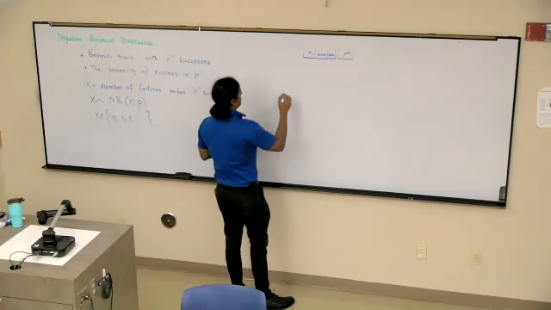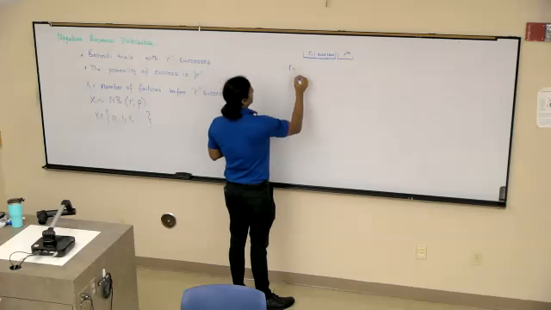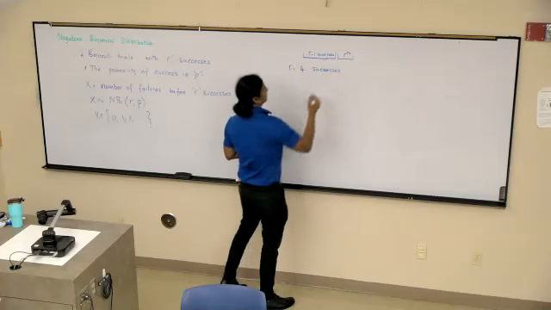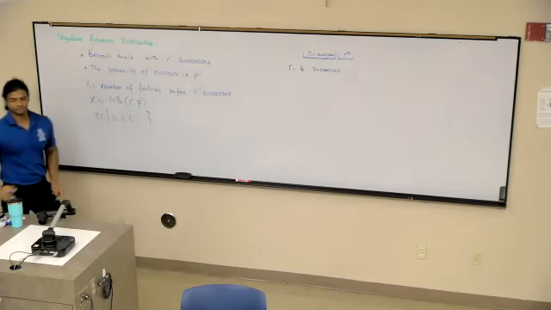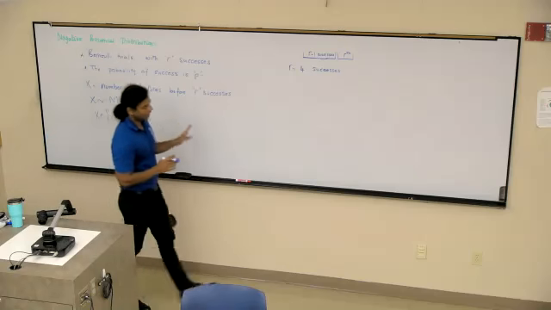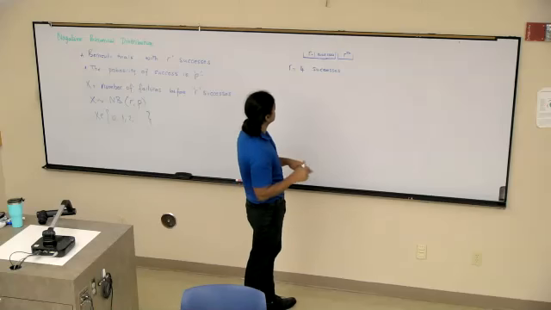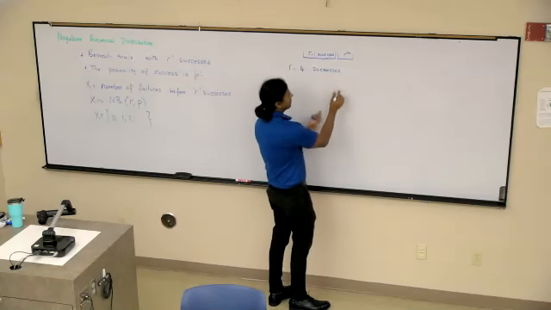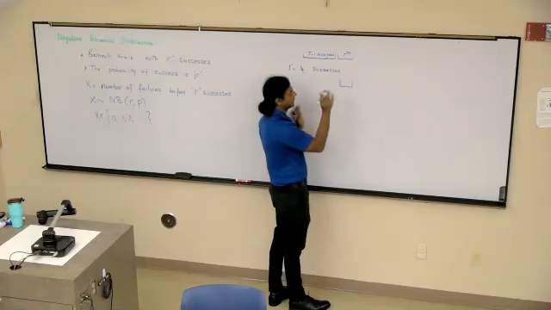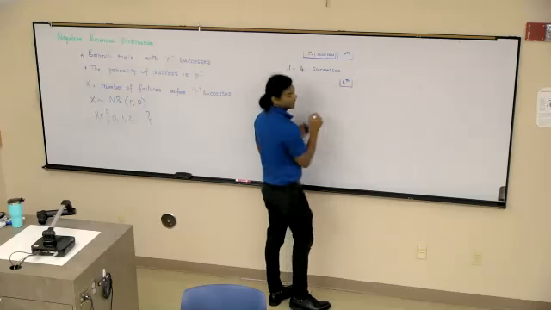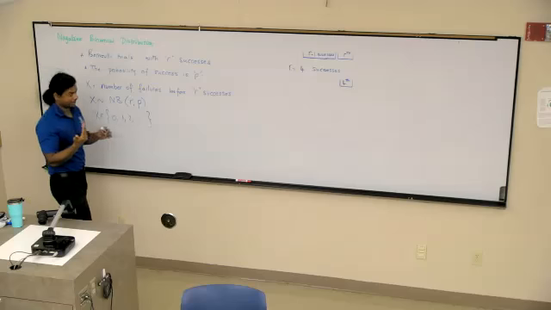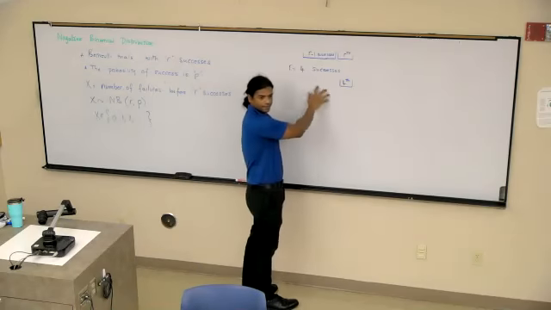Suppose I say r is equal to 4. Now, if r is equal to 4 successes, we are going to reserve 1 for the fourth. So the fourth success is right here. The 3 other successes can happen over here.